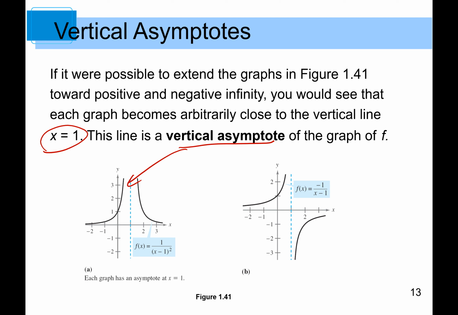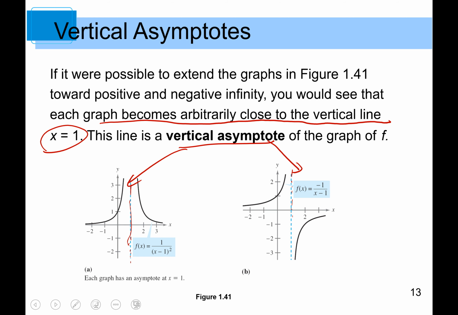This is a vertical asymptote, and this is a vertical asymptote, the dashed line, right? This dashed line, this dashed line. Okay. And this is basically the definition of the vertical asymptote. The graph becomes arbitrarily close to the vertical line.